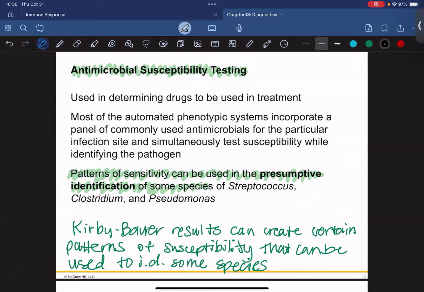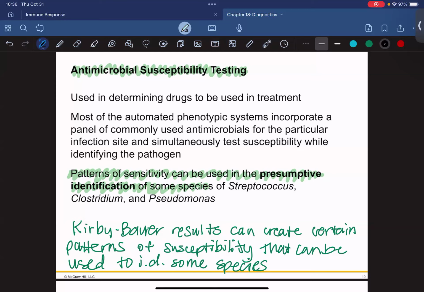So anyways, another thing you can do to identify, other than our biochemical tests and our en masse biochemical tests, will be antimicrobial susceptibility, not just to determine which antibiotic to use, which we already talked about. We know that's what Kirby-Bauer is really for initially, but also some bacteria have certain profiles where you can expect how they're going to react to ampicillin, clindamycin, SXT, whatever else you can think of.